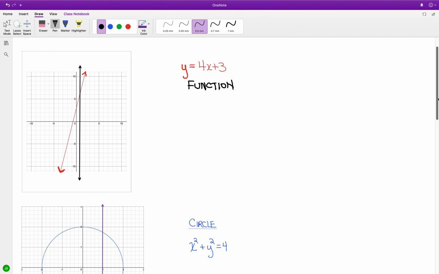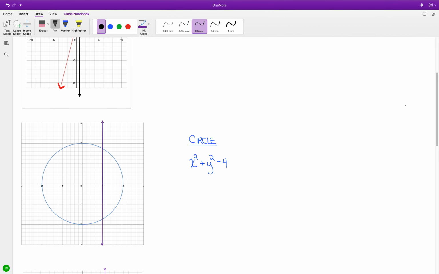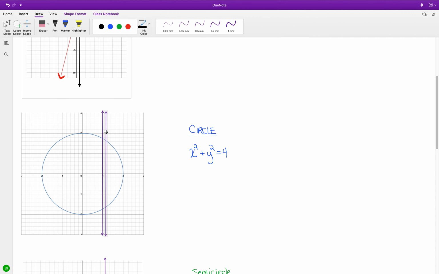In the next graph, we have a circle centered at the origin, and the radius is going to be 2. The equation for this circle is x squared plus y squared equals 4. If you exclude the endpoints at -2 and +2, notice that for all other values of x in between, the vertical line and the circle intersect at two points.